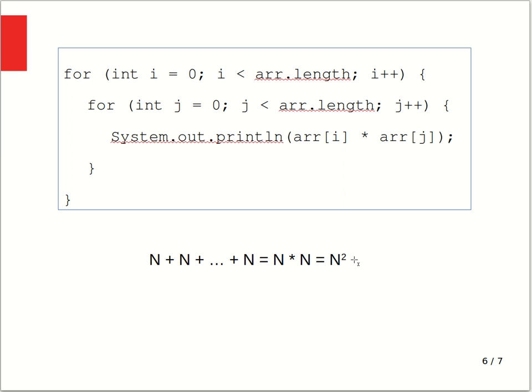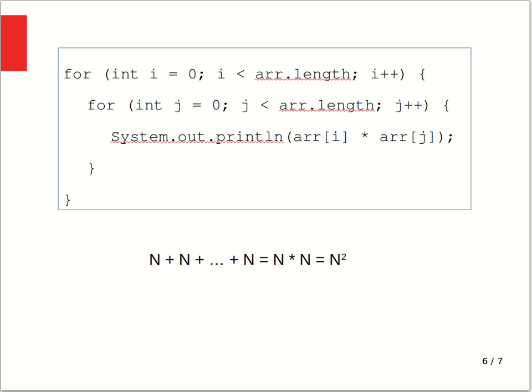It's not a constant anymore. If it's a constant, you can drop it, but it's not a constant anymore because it's n multiplied with n. N is not a constant. N is the size of the problem. So now it's n squared. So for this particular piece of code, the runtime complexity is O(n squared).